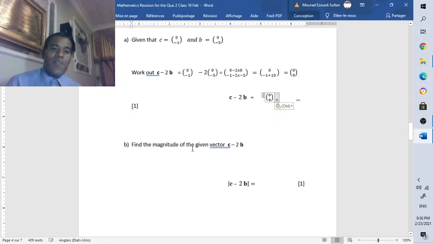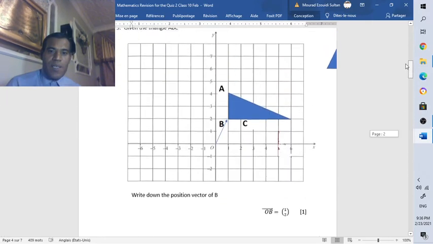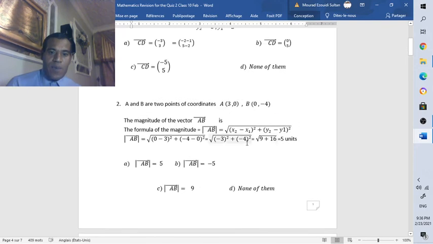Now find the magnitude of this vector, which is, let's say, (0, 9). It will be the square root of what, my learners? We can use the formula here. I will just use this one, copy.